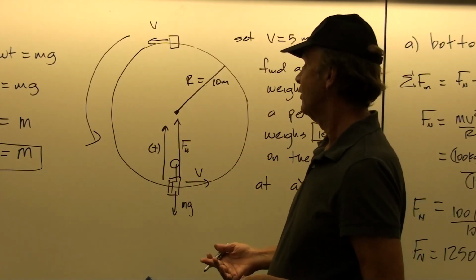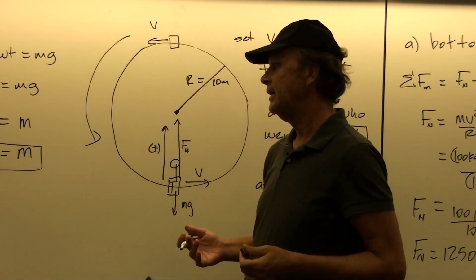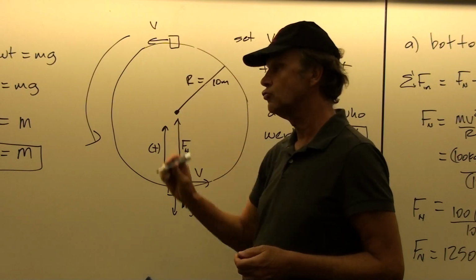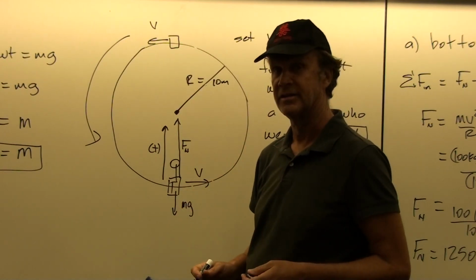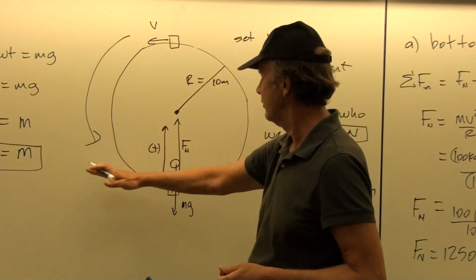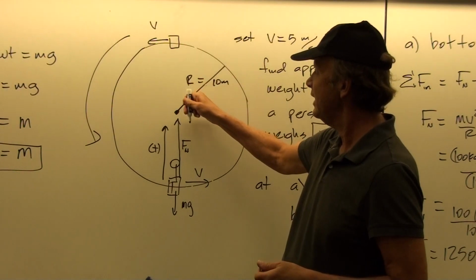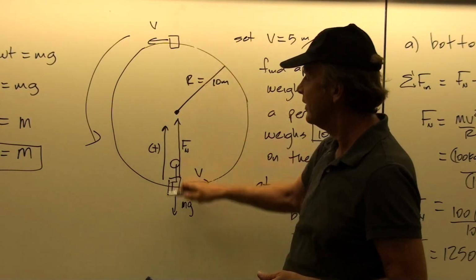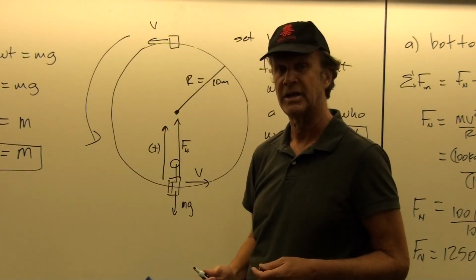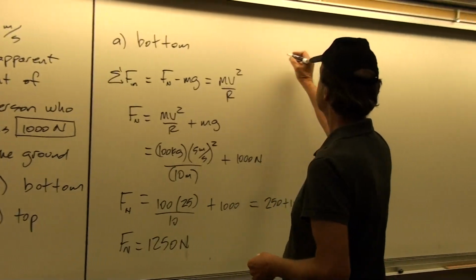And so although a centrifugal effect is often referred to, it is not quite right to draw a centrifugal force vector crushing this person down into the seat, but rather to say, well, the natural motion of the person is to go in a straight line. It's being deviated from that by this centripetal force, and then the reaction force tends to crush them down into the seat. Now in part B, we want to go to the top.